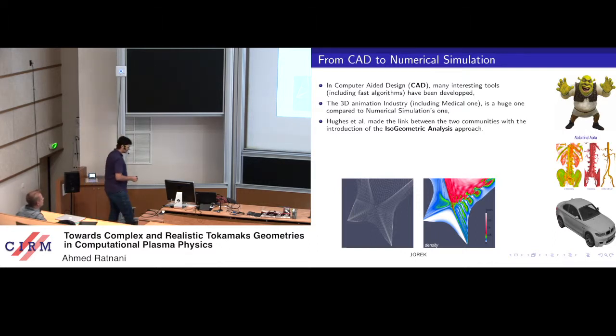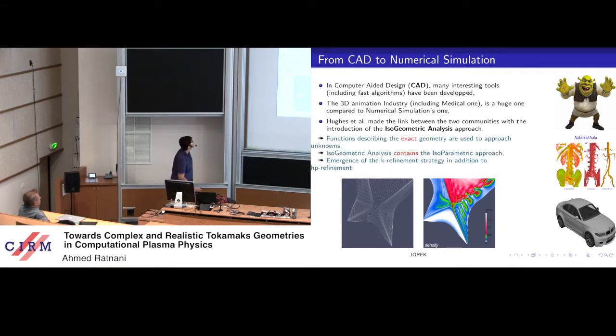And so in this case, the functions that are our basis functions can describe exactly the geometry. In this way, isogeometric analysis also contains the isoparametric approach. But we have also seen the emergence of this key refinement strategy, which means that we can control the regularity of our solution.